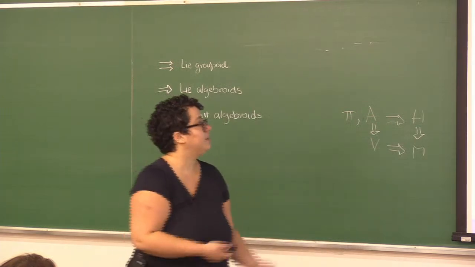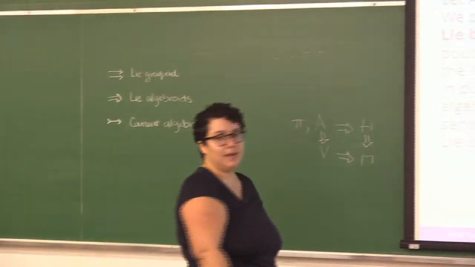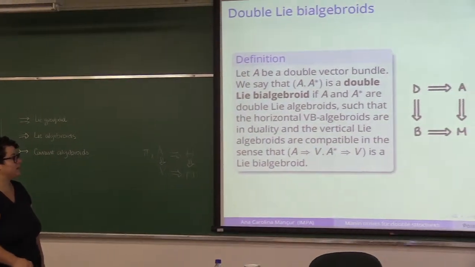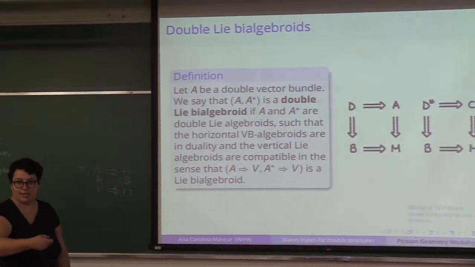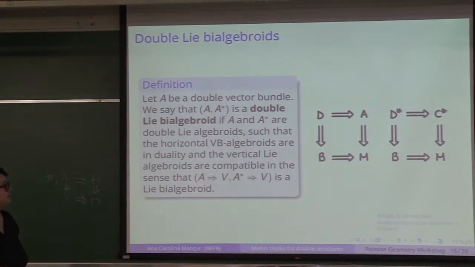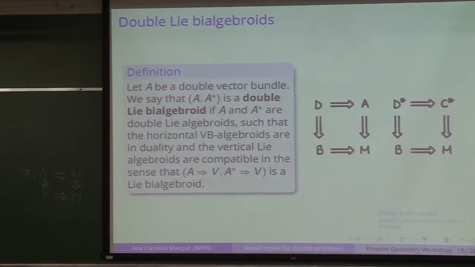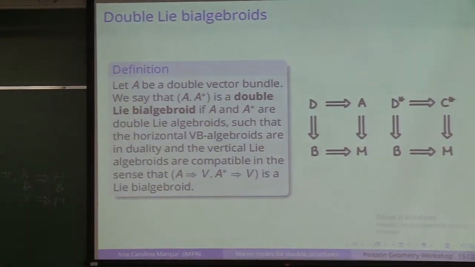So we have the definition of a double Lie bialgebroid. There are two double algebroids, and you have that they are in duality, and you have the compatibility that this thing with this thing here is a Lie bialgebroid. And this is the object that we want to take the double of.